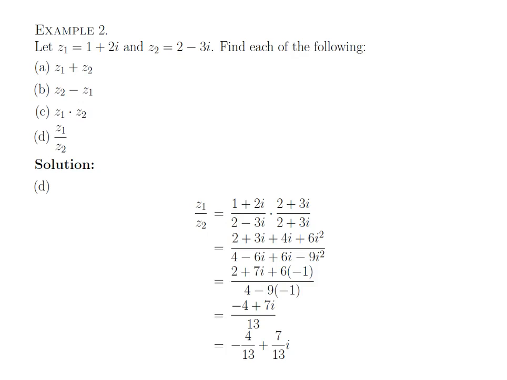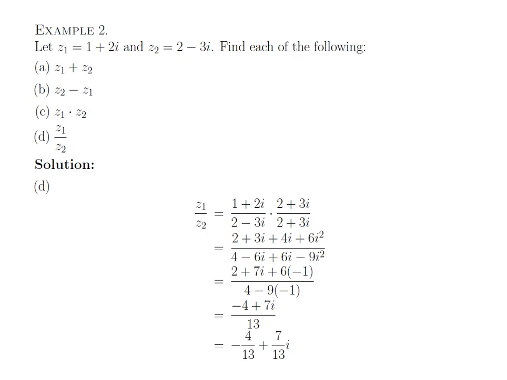So 2 plus 3i over 2 plus 3i is a fraction just equal to 1, so we multiply by 1 in that form, where 2 plus 3i is the complex conjugate of that denominator 2 minus 3i.